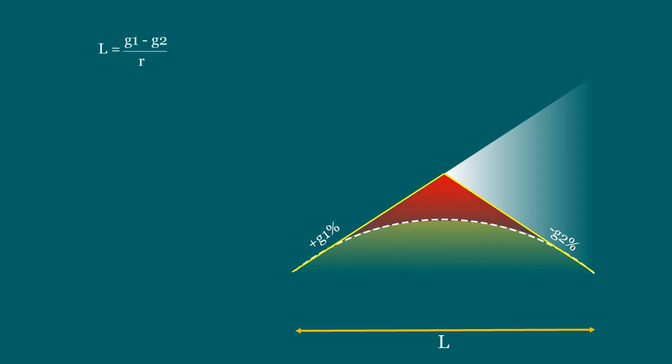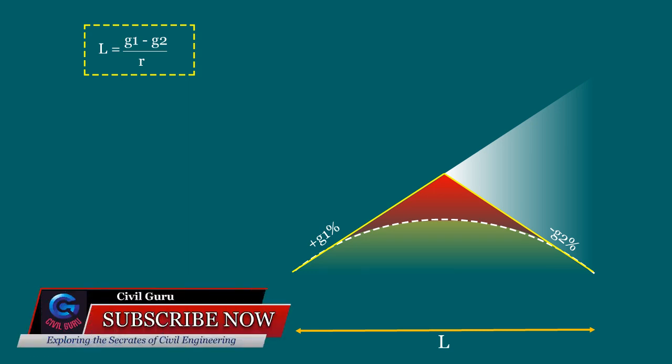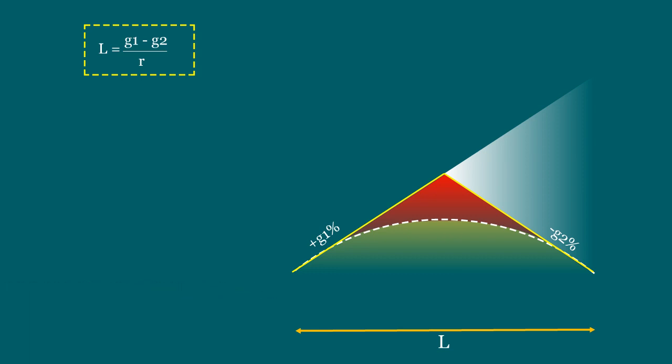That is, L = (G1 minus G2) / R chains. Here, G1 minus G2 equals the algebraic difference of the 2 grades in percentage, and R equals the rate of change of grade in percentage per chain. The standard interval is considered as 1 chain.